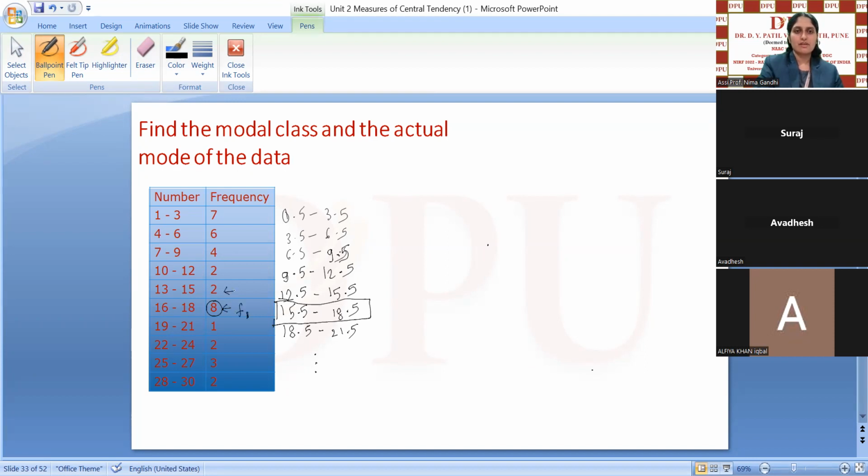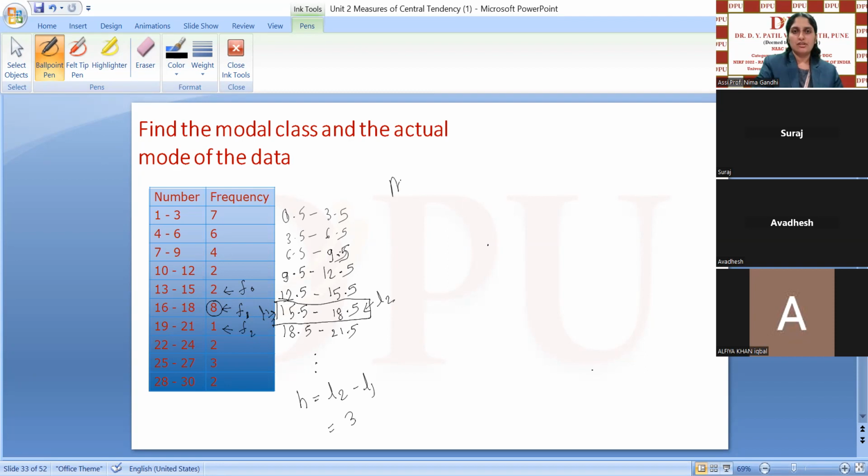The previous frequency is your F0. The next frequency is your F2. So they are in line, F0, F1, F2. This is your L1, this is your L2, and your H is L2 minus L1. So that is 18.5 minus 15.5, that is 3, right?